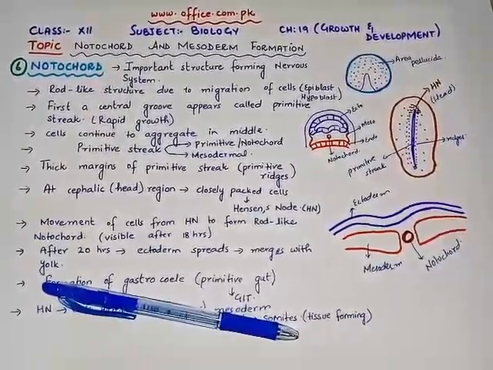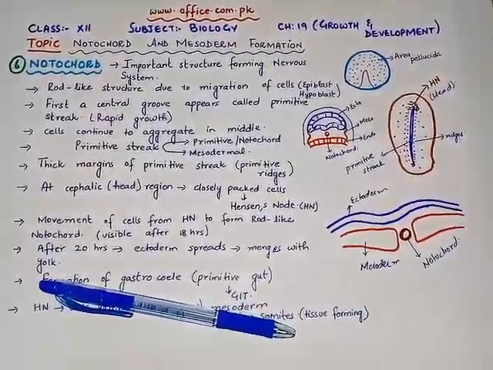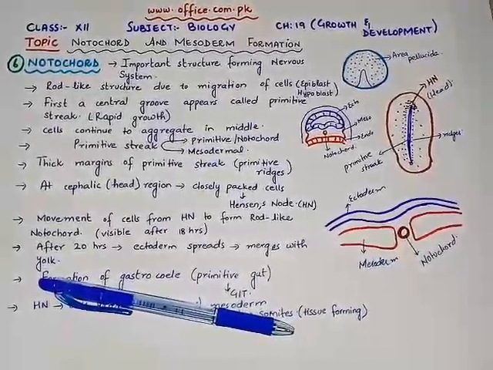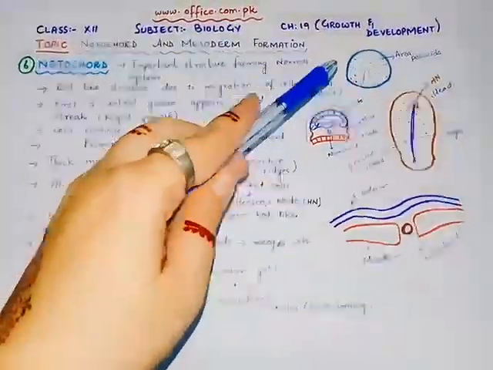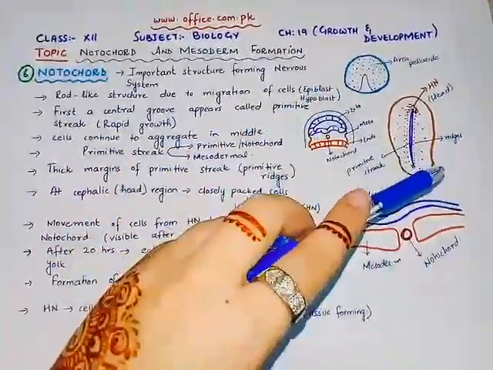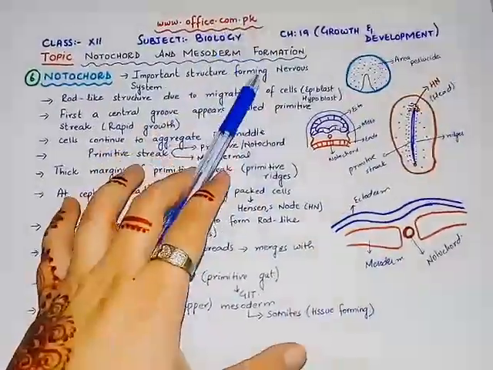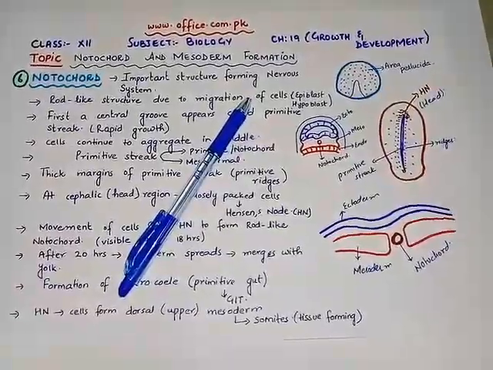In the formation of notochord, the first stage is the formation of the central groove or primitive streak. As you can see in the diagram, as the development proceeds, the whole embryo elongates in size, because after all we have to increase the size of the chick so that it can attain its standard size.